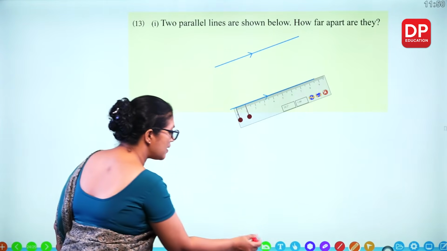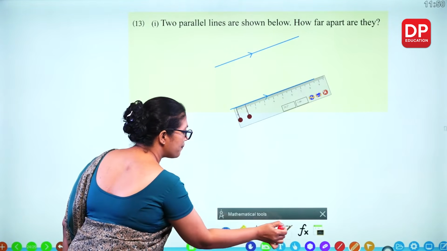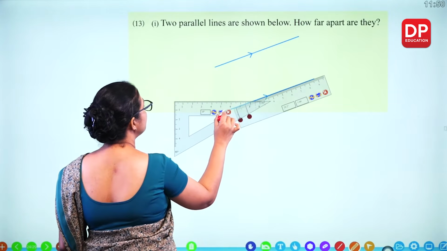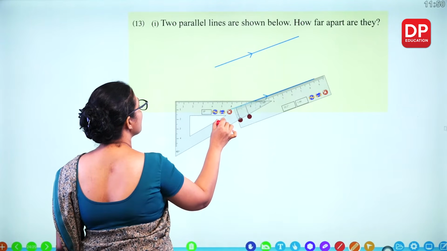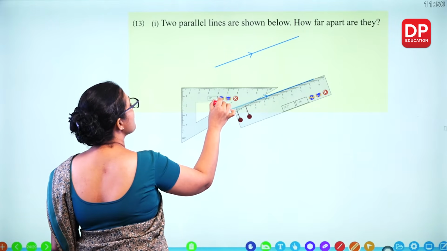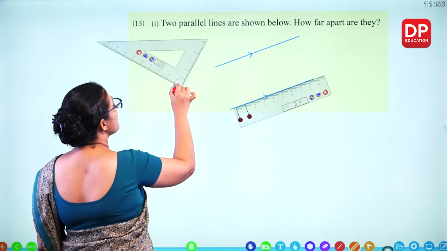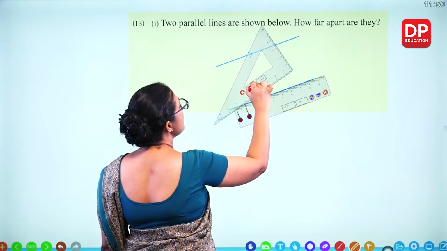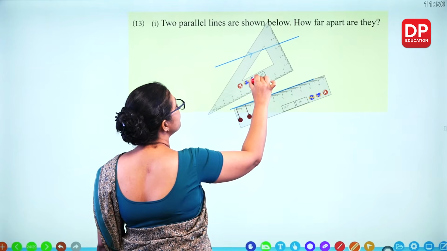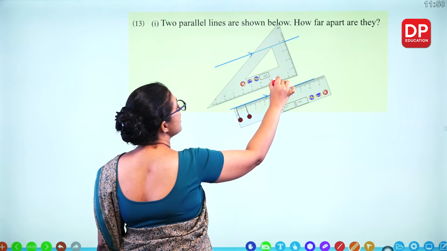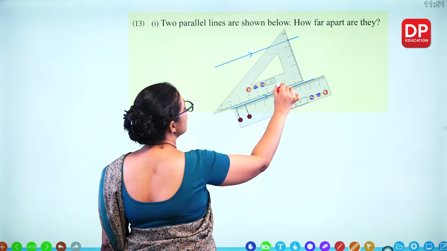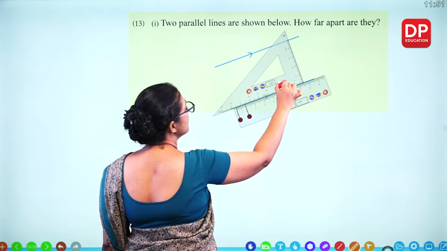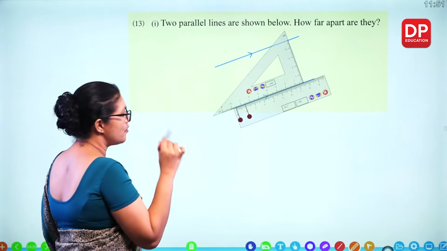and then take the set square and you can keep this edge this way on top of this line, on top of the ruler, and draw a line there.